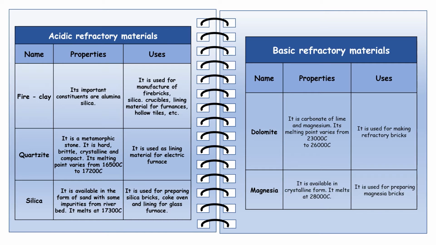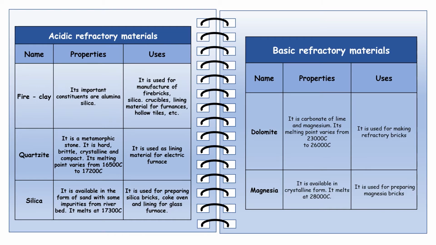It is a metamorphic stone. It is hard, brittle, crystalline, and compact. Its melting point varies from 1650 degrees Celsius to 1720 degrees Celsius. Uses: it is used as lining material for electric furnace.